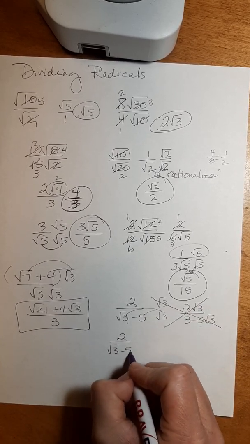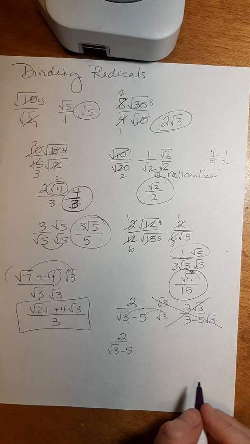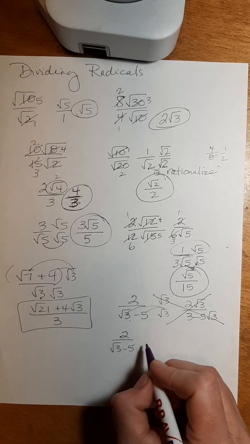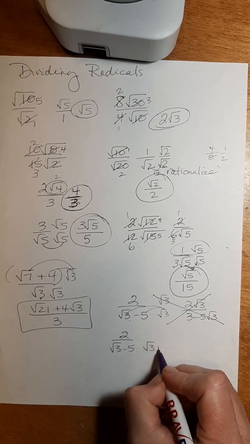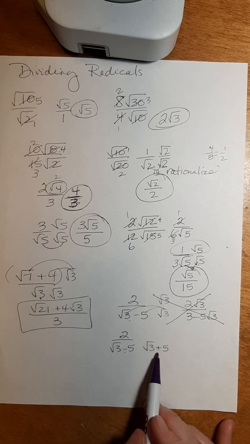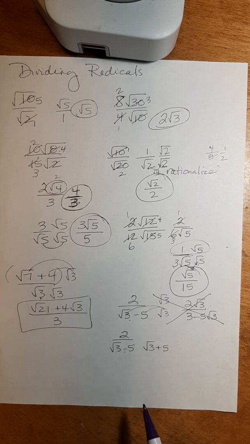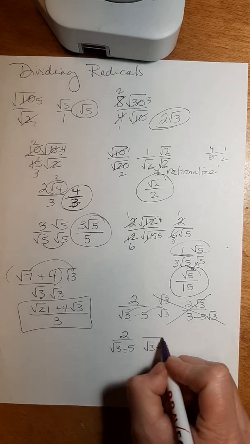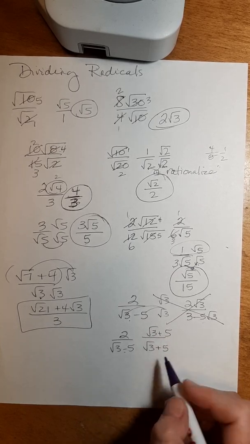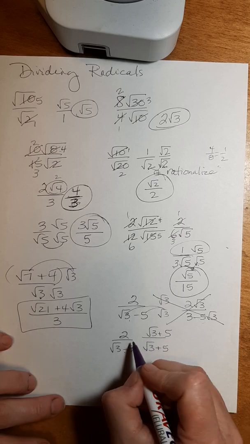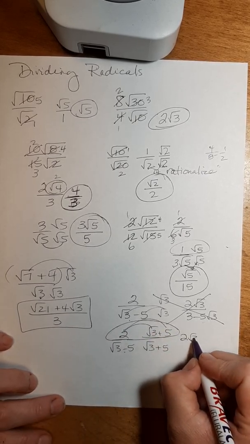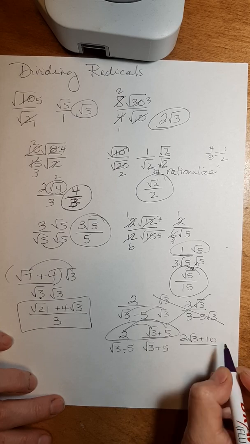Well, do you remember when we were multiplying in the last video that if you multiplied by the conjugate, in other words, same exact thing but opposite signs in the middle, they always canceled. And so remember, that's just a super fancy 1, but it's just a 1. So 2 to both of those, 2 square root of 3 plus 10.